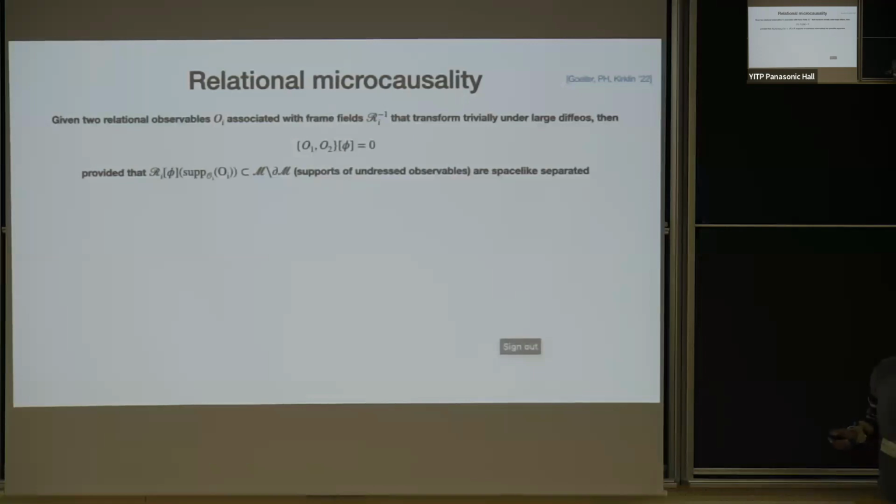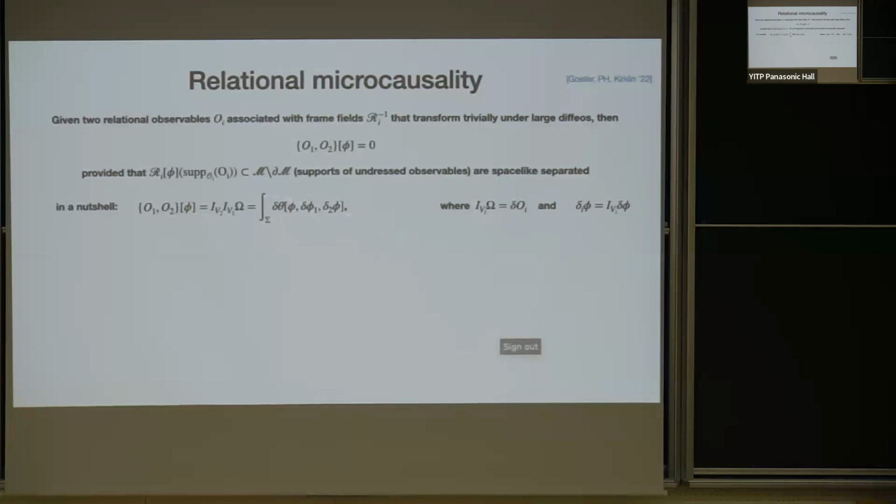But okay, I cannot describe in detail how this is achieved, but let me just give you in a nutshell how one goes about arguing for this. Here one uses the so-called covariant phase space formalism, and we compute the Poisson bracket for these gauge invariant objects. One gets the so-called presymplectic structure from variations of the Lagrangian, and we contract into it field space vectors that are associated with variations of the observables we're interested in.